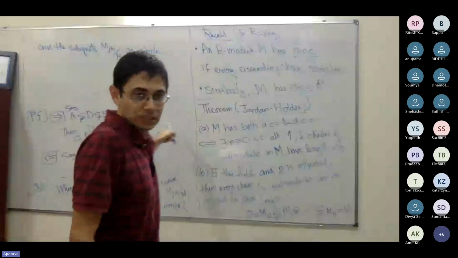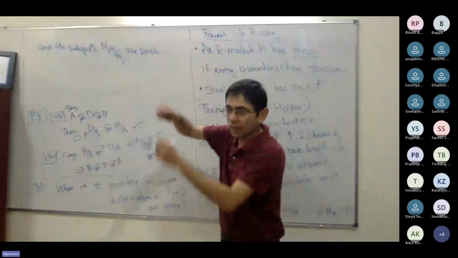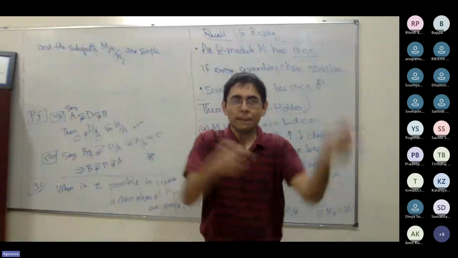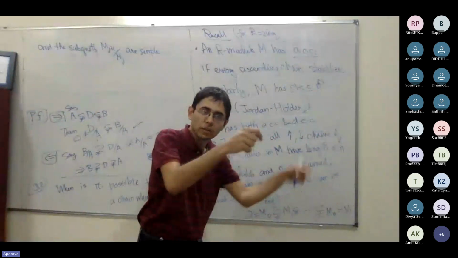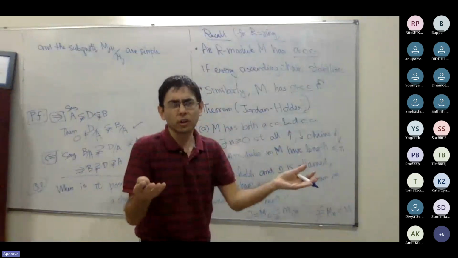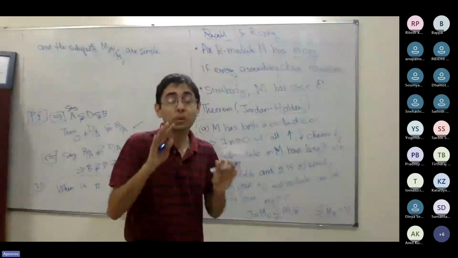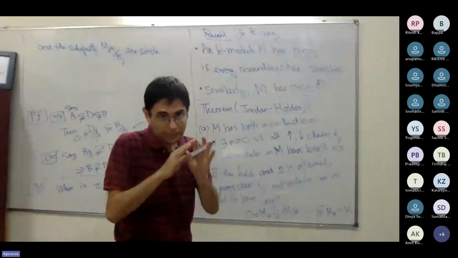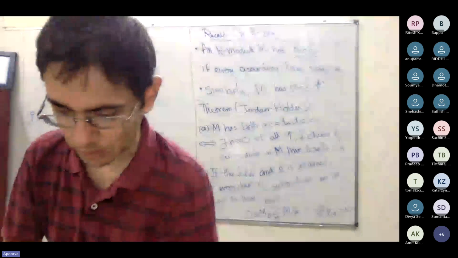All of these subquotients are simple modules. This is the condition I mentioned: they have no proper non-zero submodules. Maybe I can write two different such chains where those simple subquotients occur in a different order. But the set of all these simple quotients is exactly unique, counting multiplicity and permuting the order in which they occur.